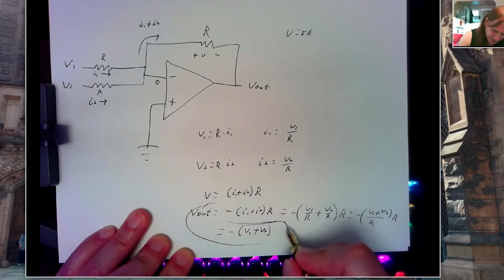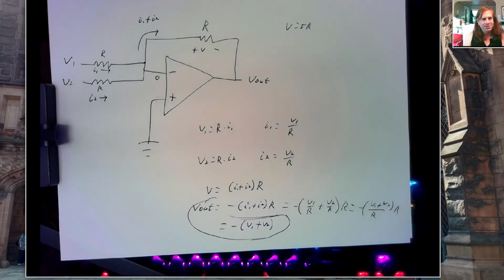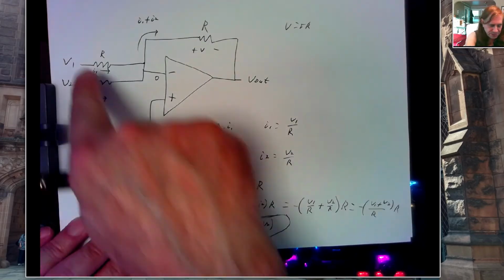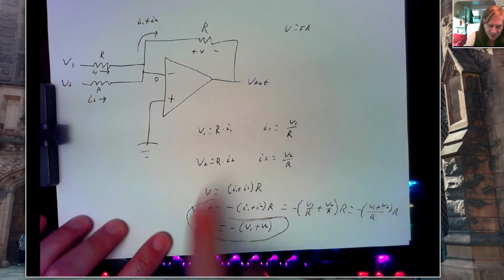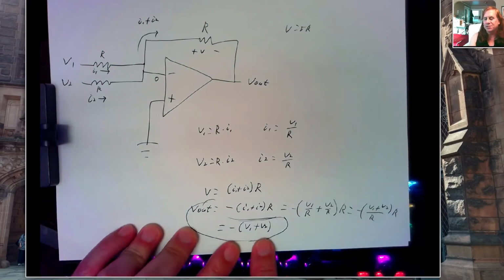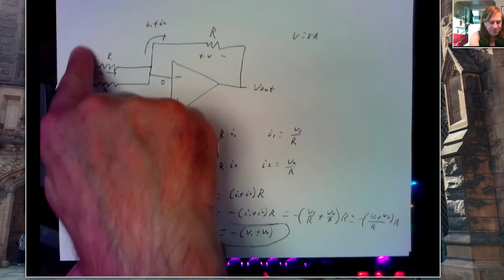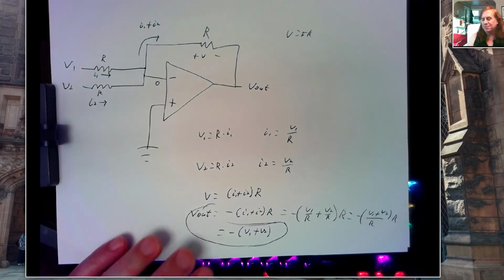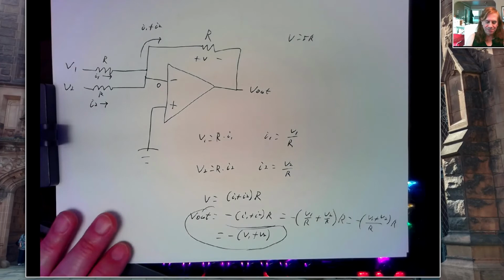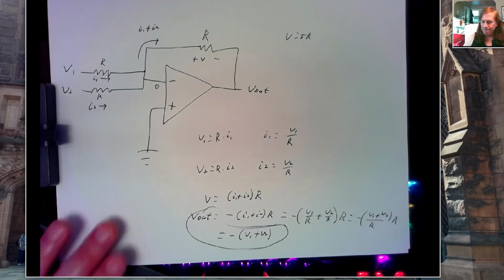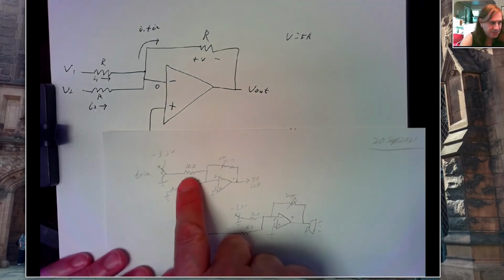So there's the analysis of this op amp, and this is a summing circuit. You put two voltages in, and your output is the inverse of the sum of those voltages. Right? 2 volts, 3 volts, we'll get an output of 5 volts, but it'd be negative 5 volts because it inverts.